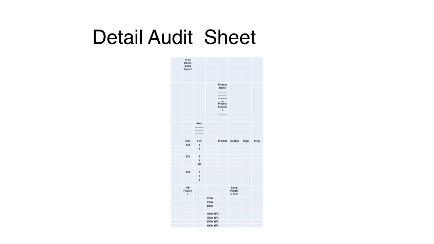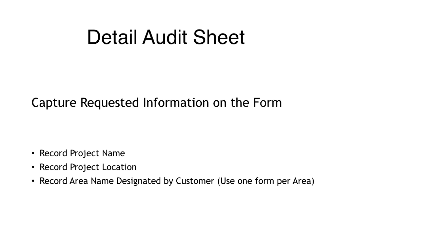The detailed audit sheet looks like this. Basically you're going to record the project name again, record the location of the project, and the area designated by the customer. There could be several areas on one audit.